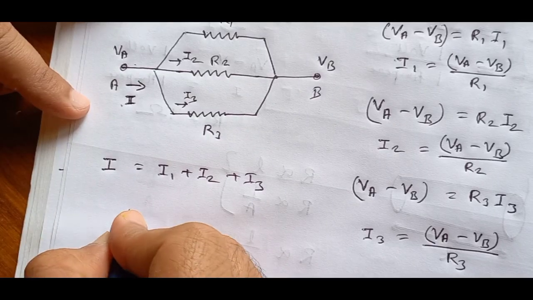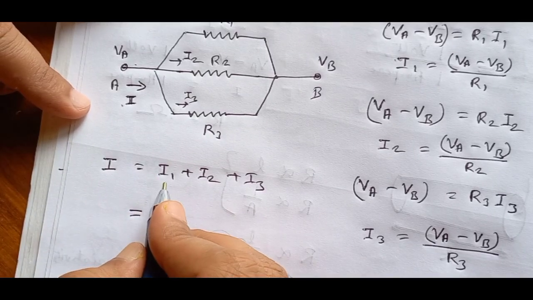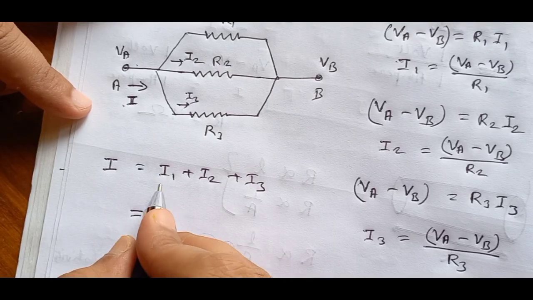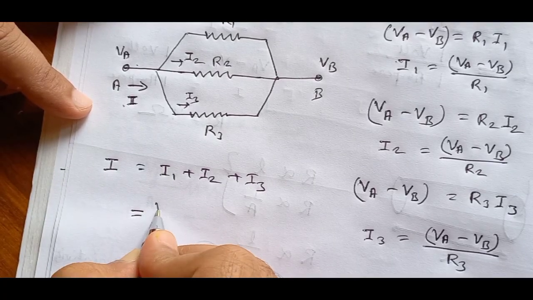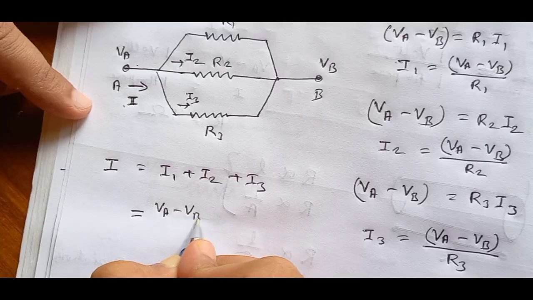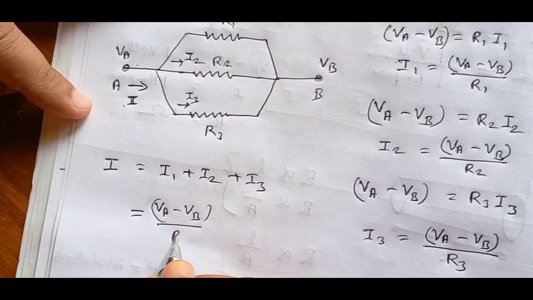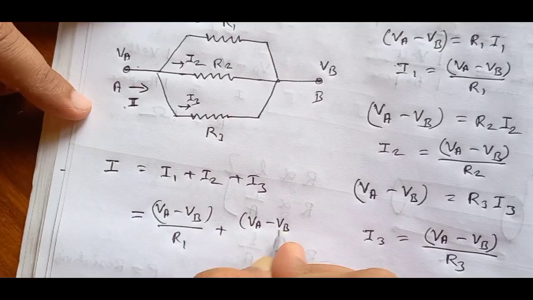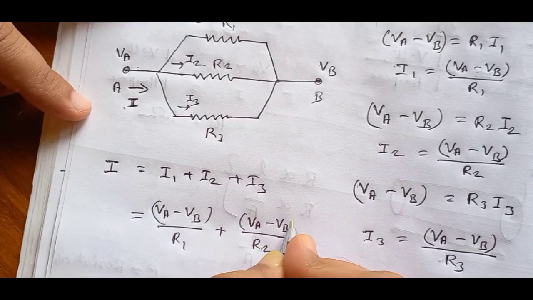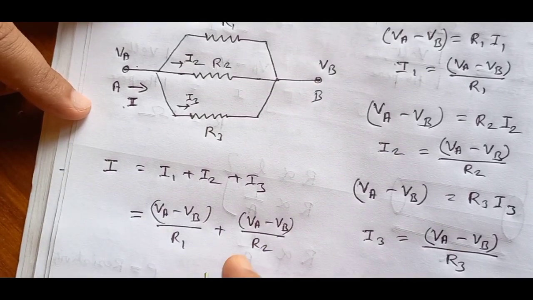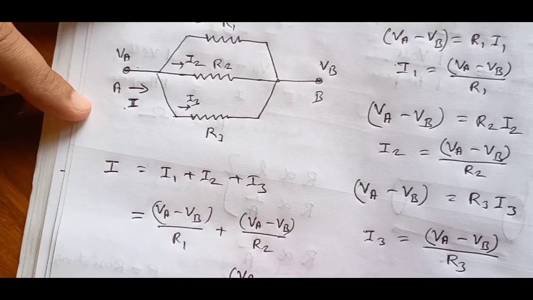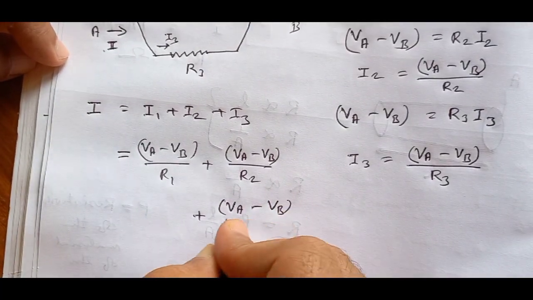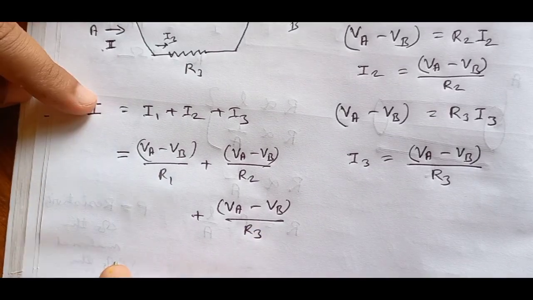Therefore, for this case, we can write I is equal to VA minus VB by R1 plus VA minus VB by R2 plus VA minus VB by R3.